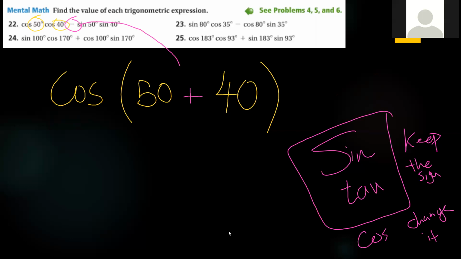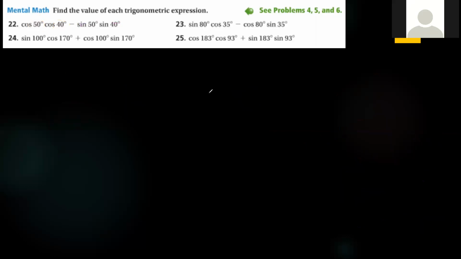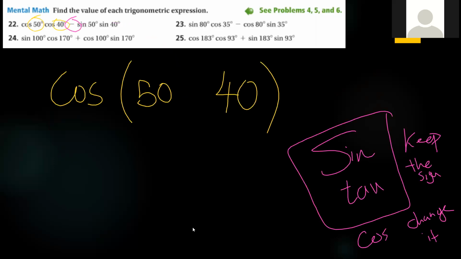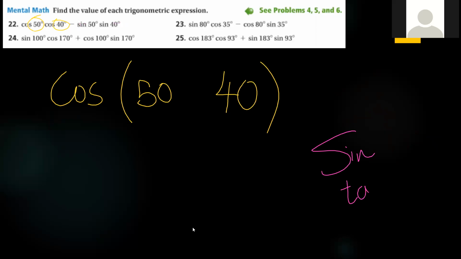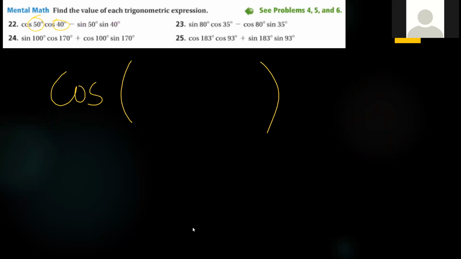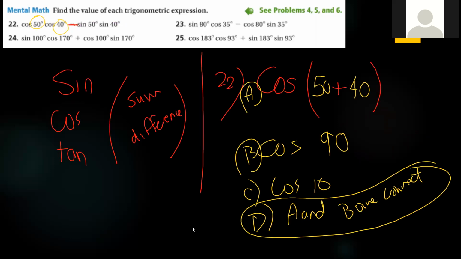Teacher, so it will be cosine 90. Yes. Teacher, what was the second choice? Just a second, please. This one.